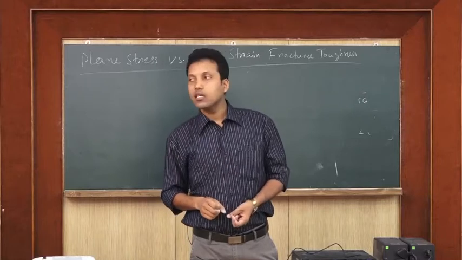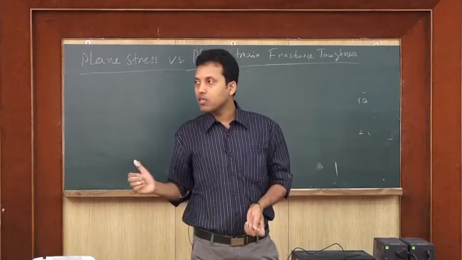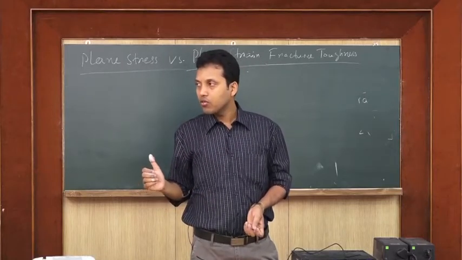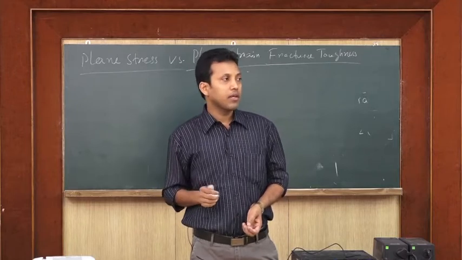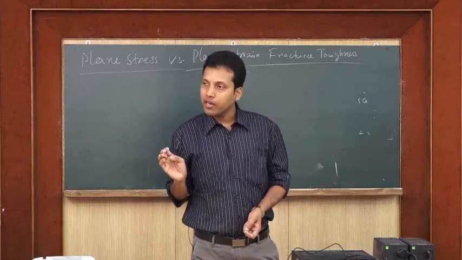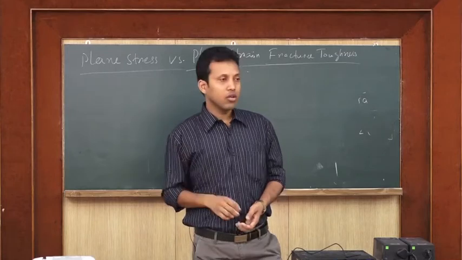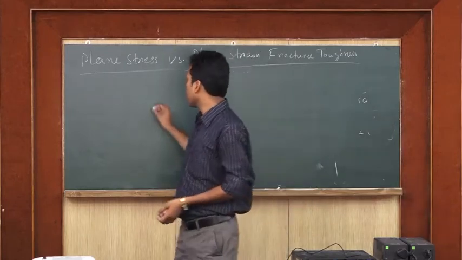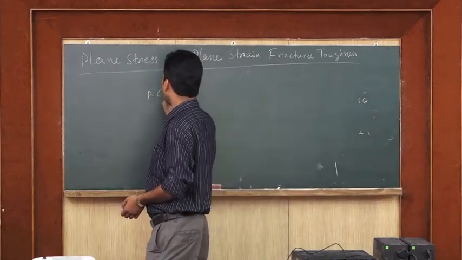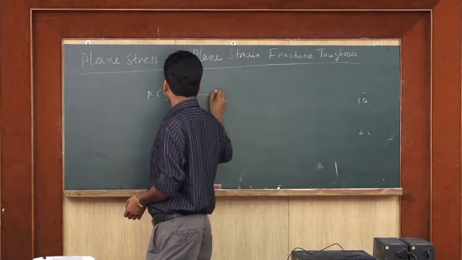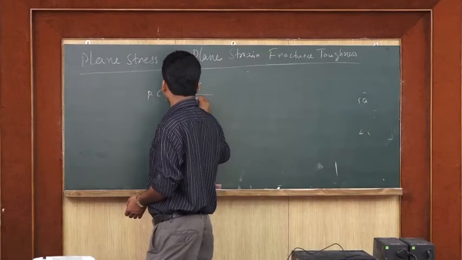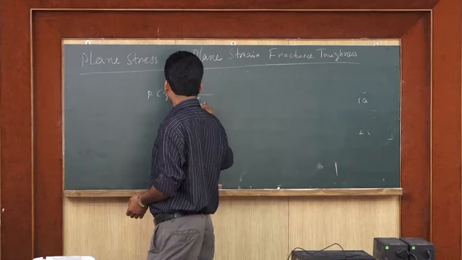Now we know that earlier we also used a term, the plastic constraint factor. And what will happen is the plastic constraint factor will change. How? I will not do the derivation, but I can represent the plastic constraint factor in terms of sigma by sigma ys.